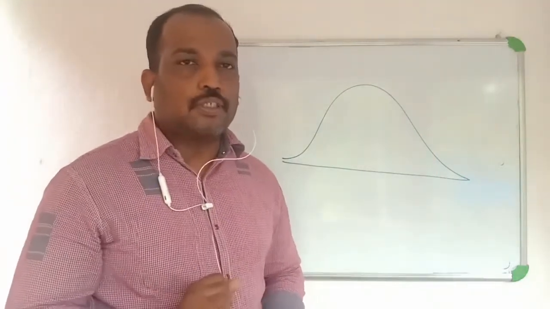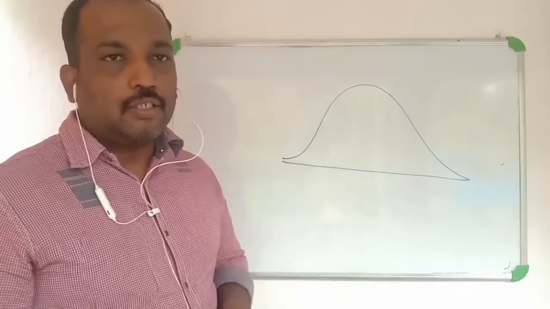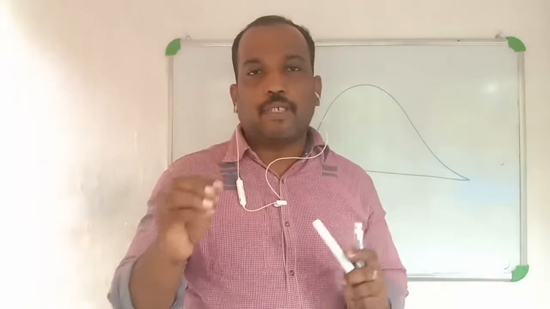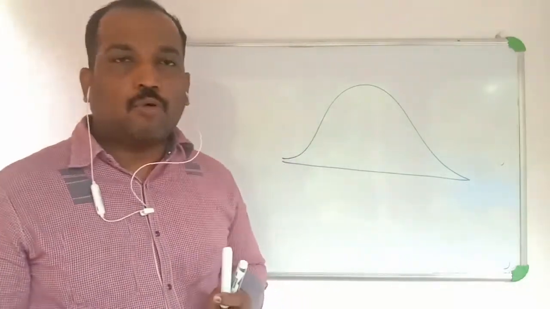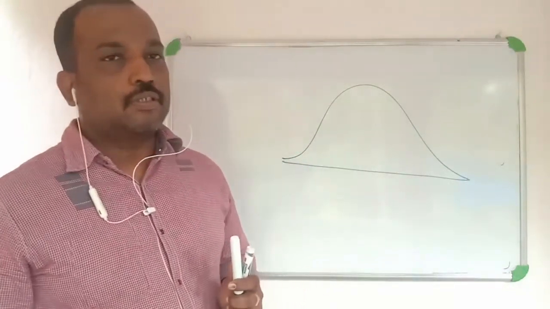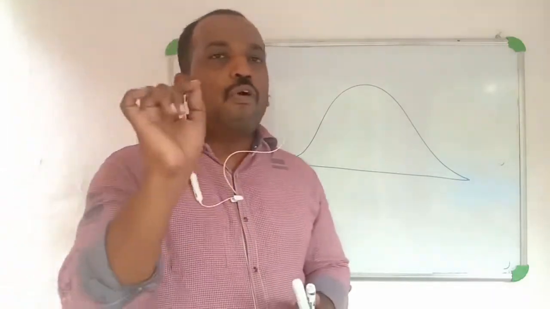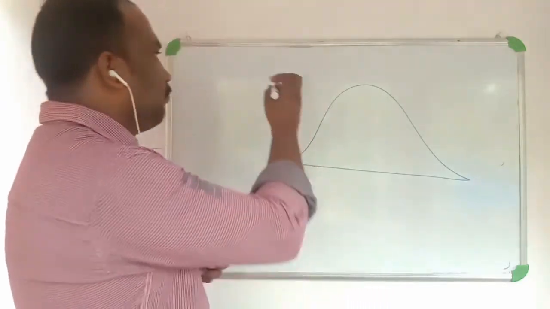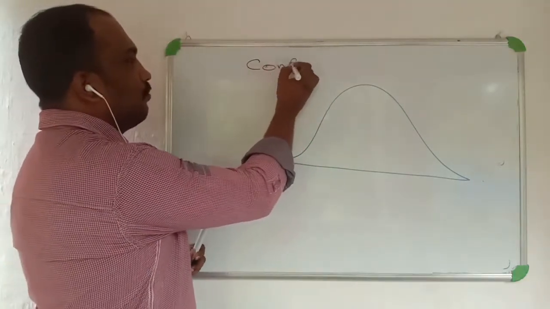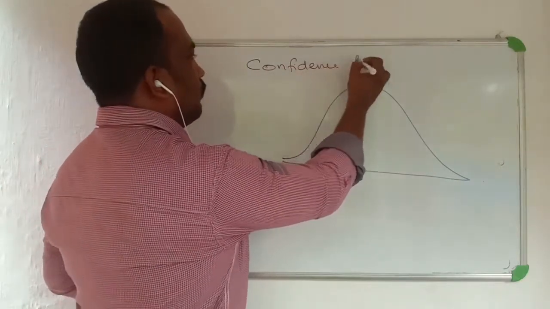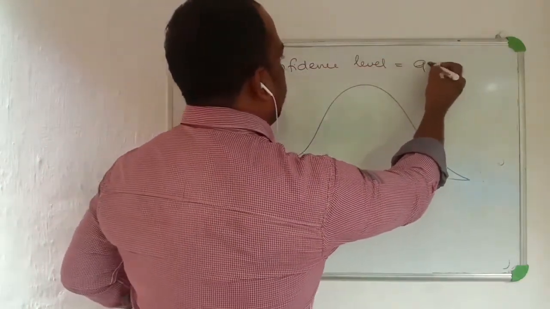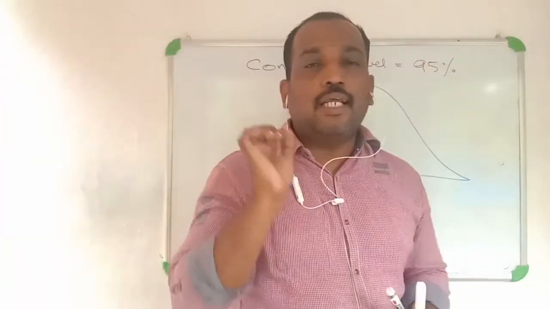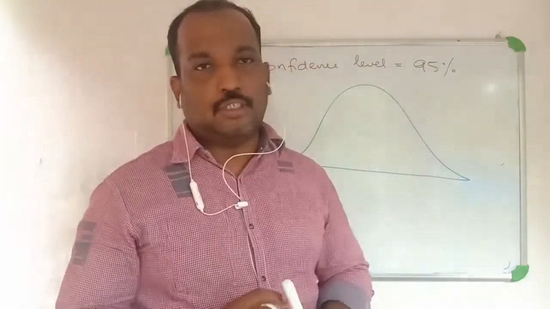This full process may be throwing a die, or the result of an experiment, maybe 10% are left-handed, or a DNA test, or whatever the experiment. In such an experiment, we always use a confidence level. For example, your confidence level is 95%.